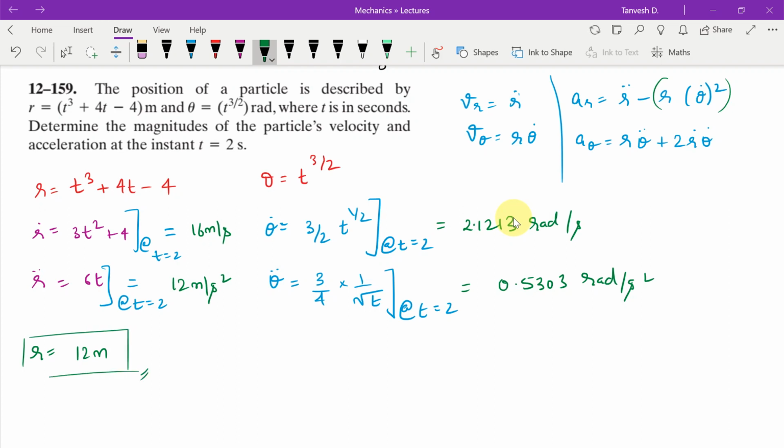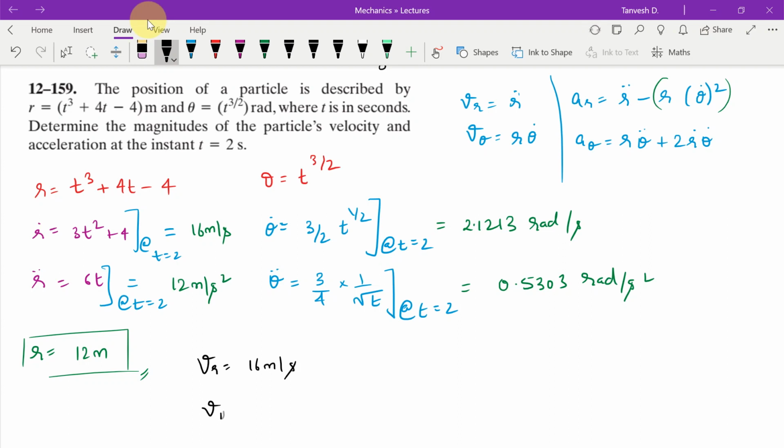Okay. And now it's just final substitution. So this is directly a VR. We don't even have to calculate it anymore. Okay. VR is equal to 16 meters per second.